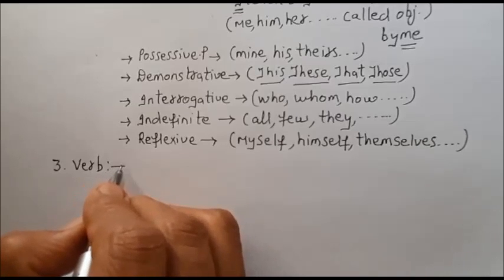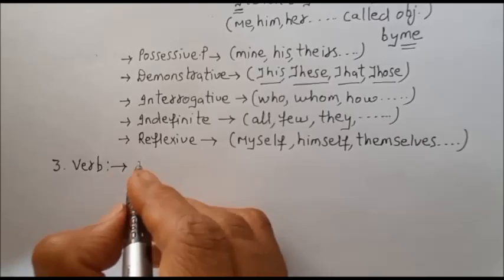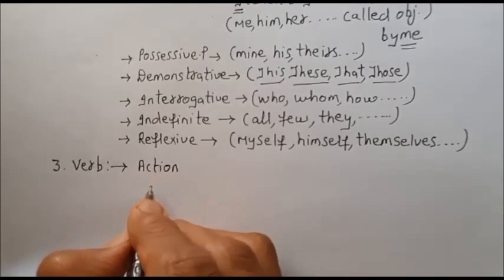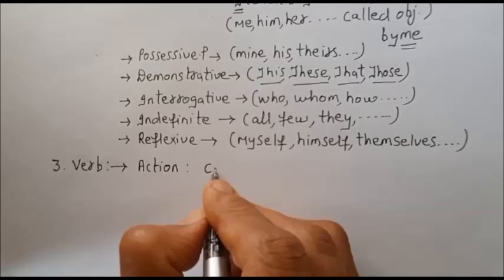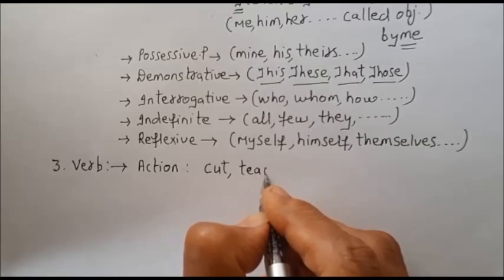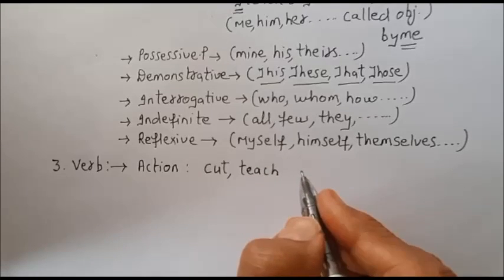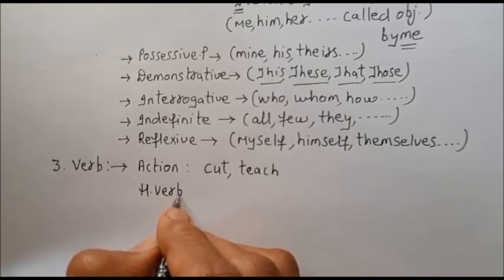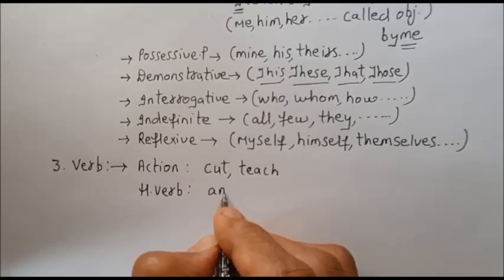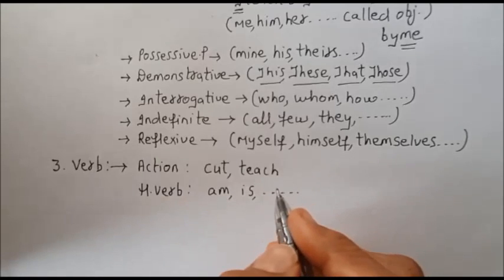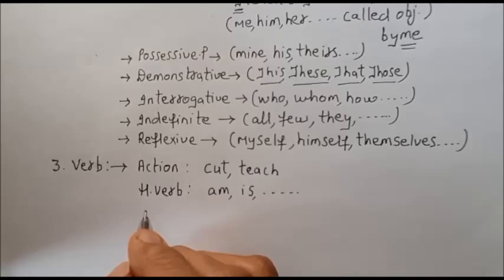So again, types of verb that we can take is action also, which you can easily understand, like cut, teach. When we use this word, I teach, it's simple, you understood. Then there are helping verbs. Now here you can't understand if I just say I am, she is, but they are all verbs. One more, as I told you last time, was the state of being.